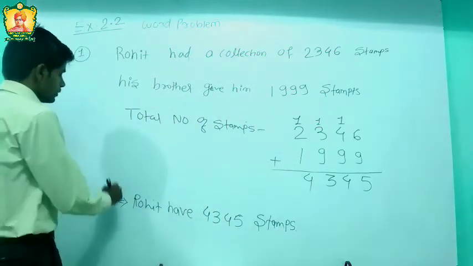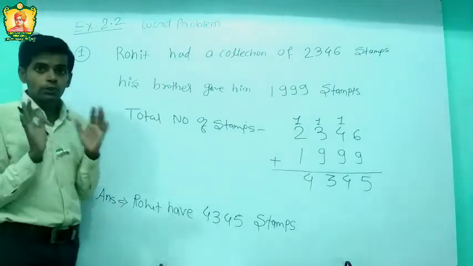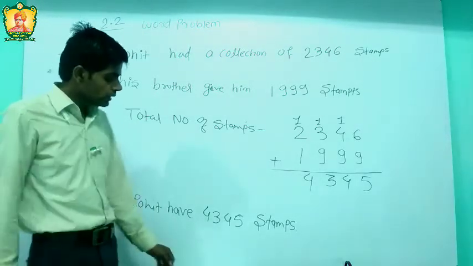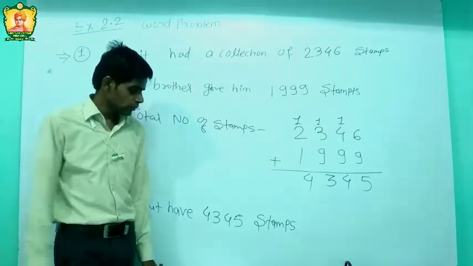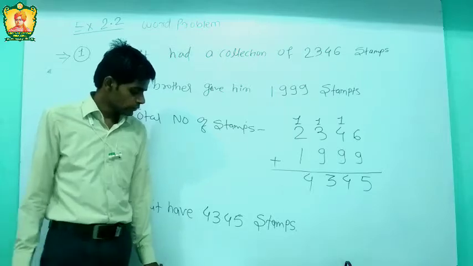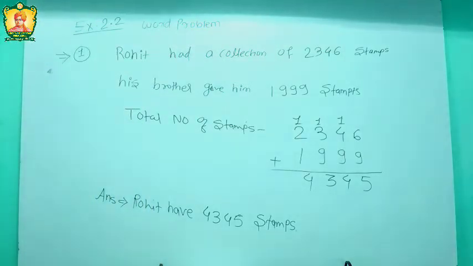This is the final answer of your word problem. Quickly note down in your notebook. Then we will solve question number 2, or maybe question number 3. Quickly click a screenshot and note down in your notebook.